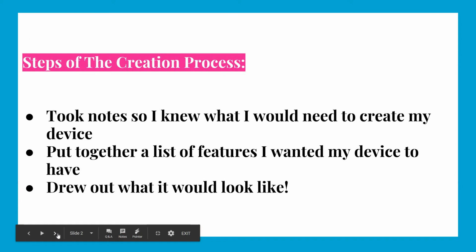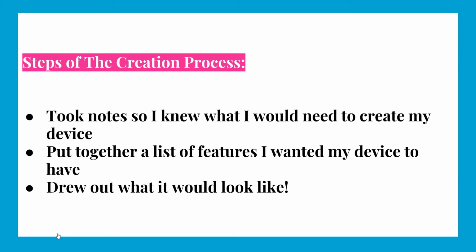To create my own little assistive technology, I went through the process in three different steps. The very first step was that I took some notes so I knew what I would need to create my device. I wanted to learn what assistive technology really was, and make sure I had that definition down pat.